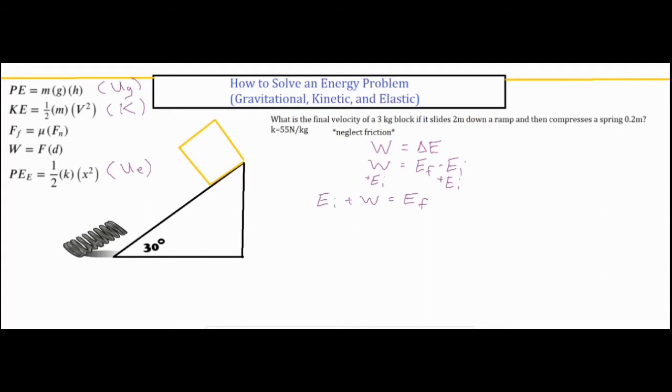So with that being said, I'm going to take that setup, I'm going to expand it out into all the different types of energy, and then we're going to see if we can cancel any of these out.